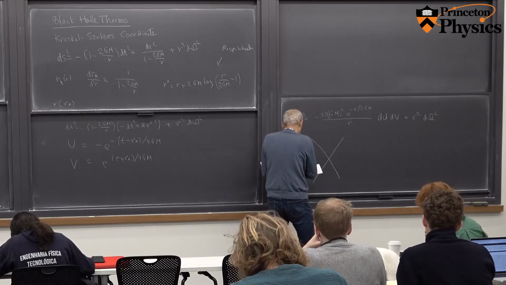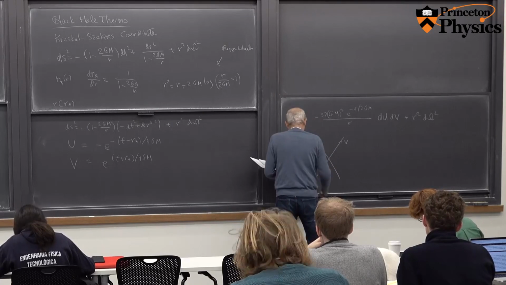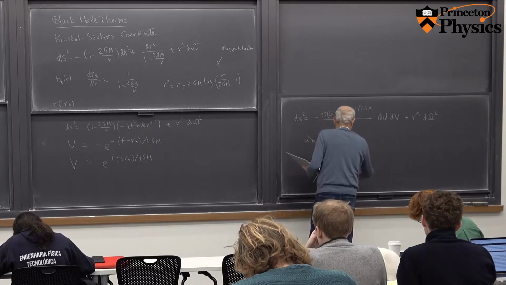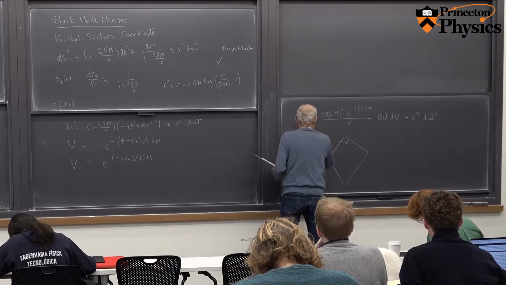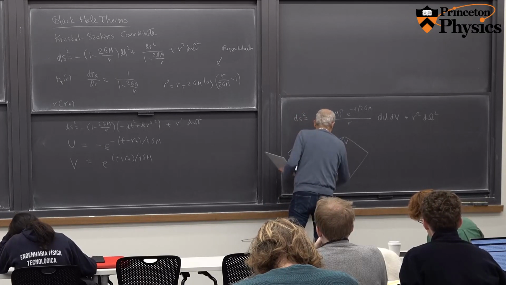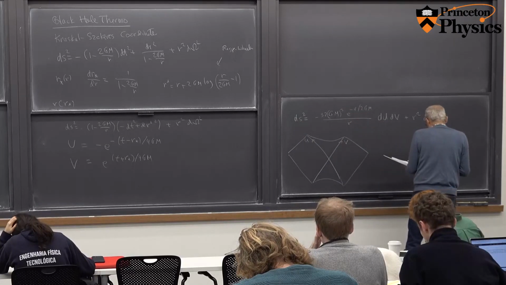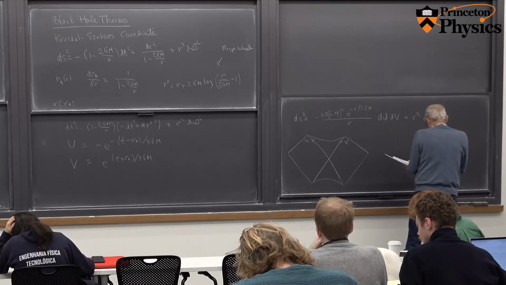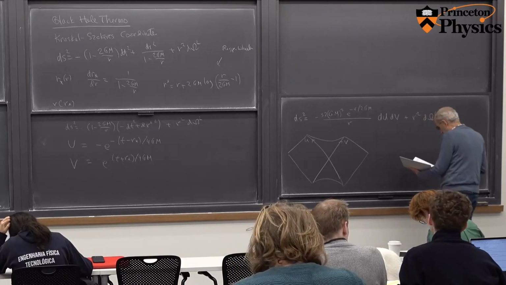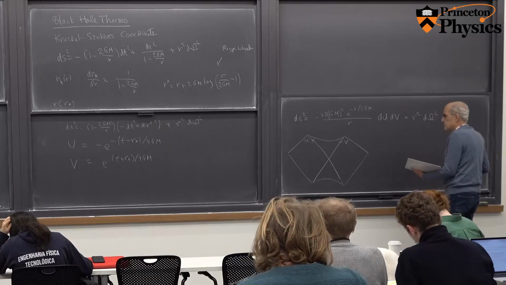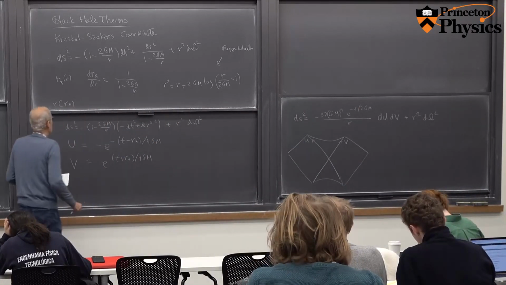So if we draw V going this way, U going this way, in this setup, r is a function of U and V, which we can get by inverting these formulas.